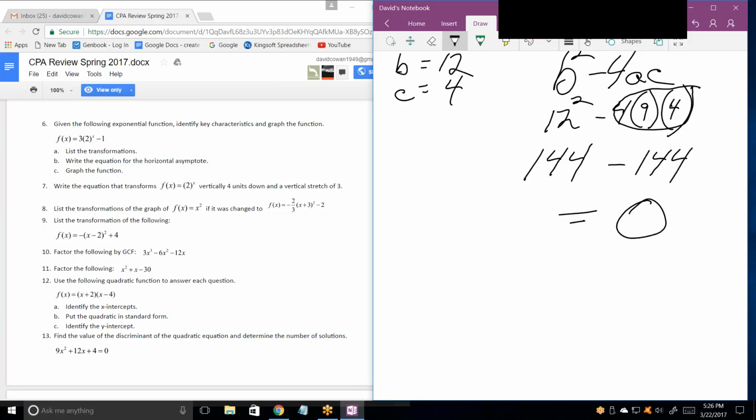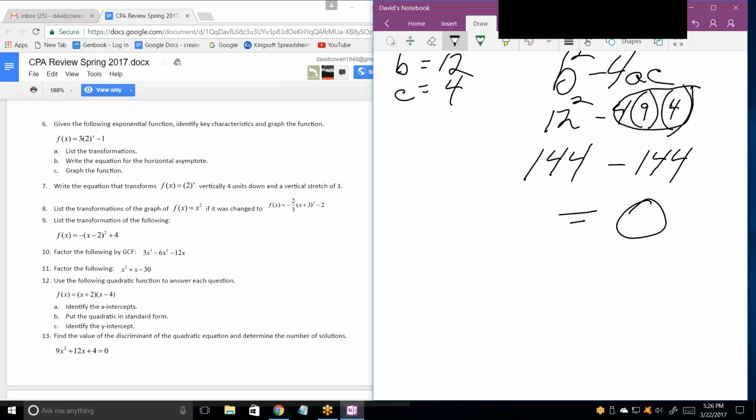And when your discriminant is equal to 0, there's 3 possible things the discriminant, and this is why it has its own name. The discriminant can be positive, and if it's positive, you have 2 real solutions. If the discriminant is negative, you have no real solutions, but you have 2 imaginary solutions.